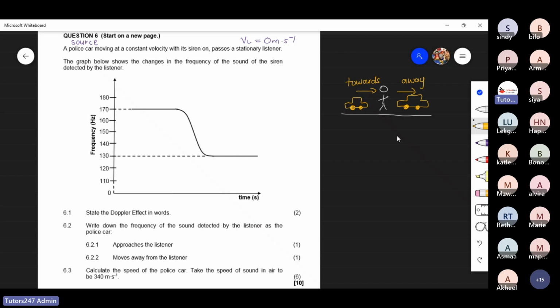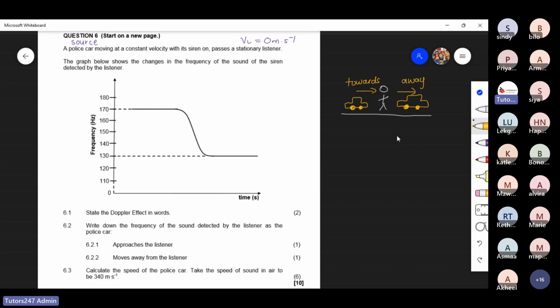So as you can see, within this one motion of just driving straight past someone, there's 2 situations taking place. Situation number 1, you're moving towards that person. Therefore, the sound emitted from your vehicle is going to be louder.